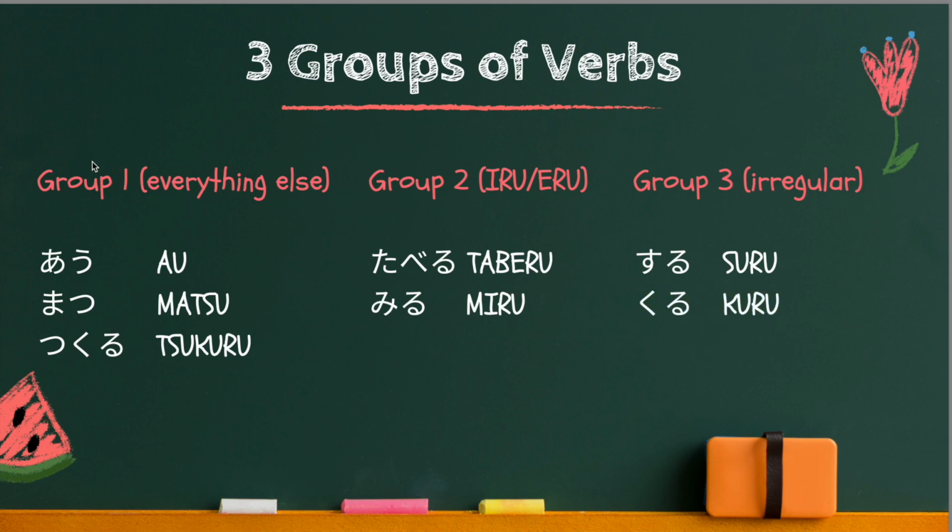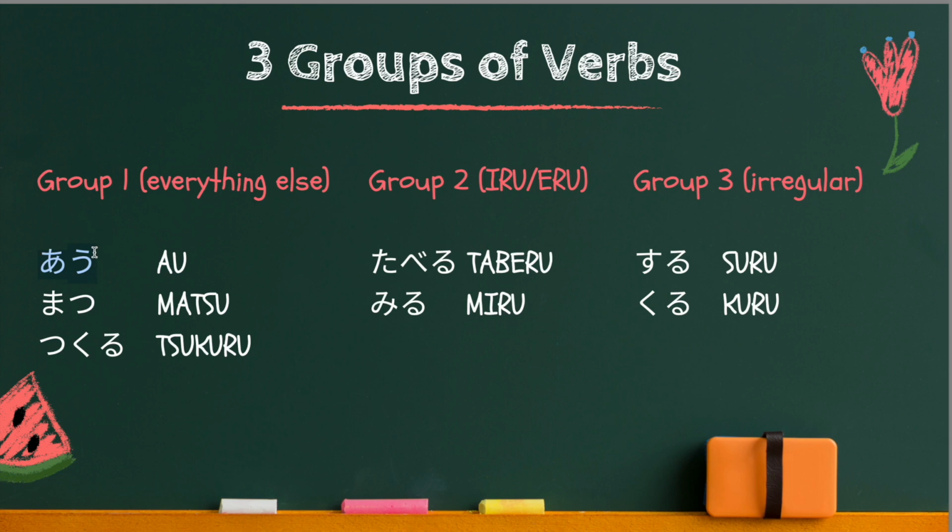Lastly, group 1 is called the everything else group. That means if the verb is not iru or eru ending, and if the verb is not group 3, then the verb should be in this group, group 1. So let's look at some examples. Au, this means to meet. In masu form, this is aimasu, but the dictionary form is au.